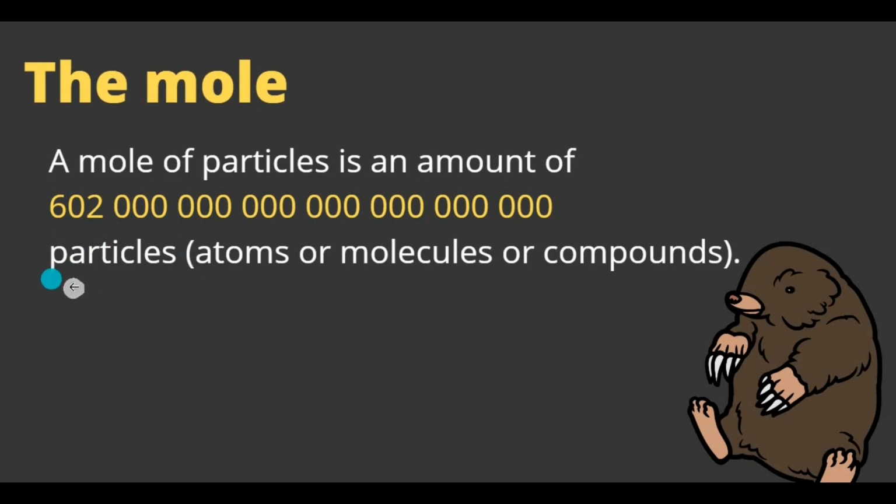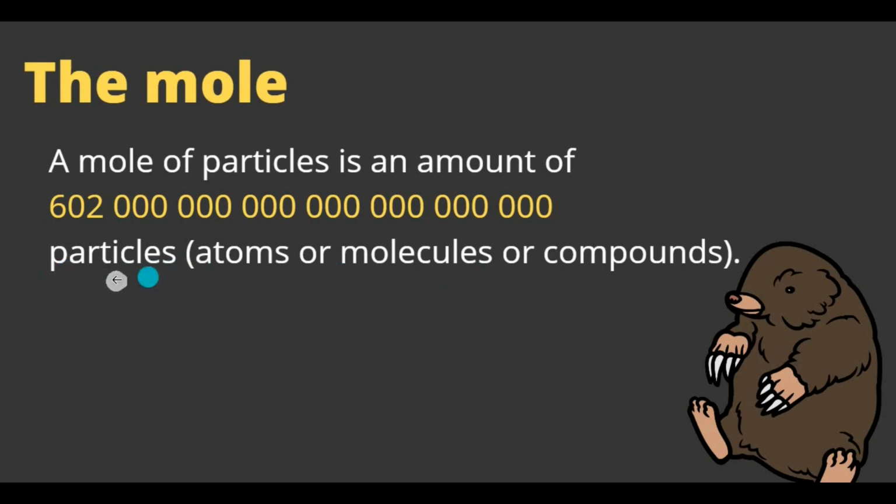So when we talk about particles, we can mean that maybe there's this number of atoms, or there's this number of molecules, or there's this number of compounds. So I want you to understand that it's not just limited to atoms. We can define a mole for atoms or molecules or compounds, etc.